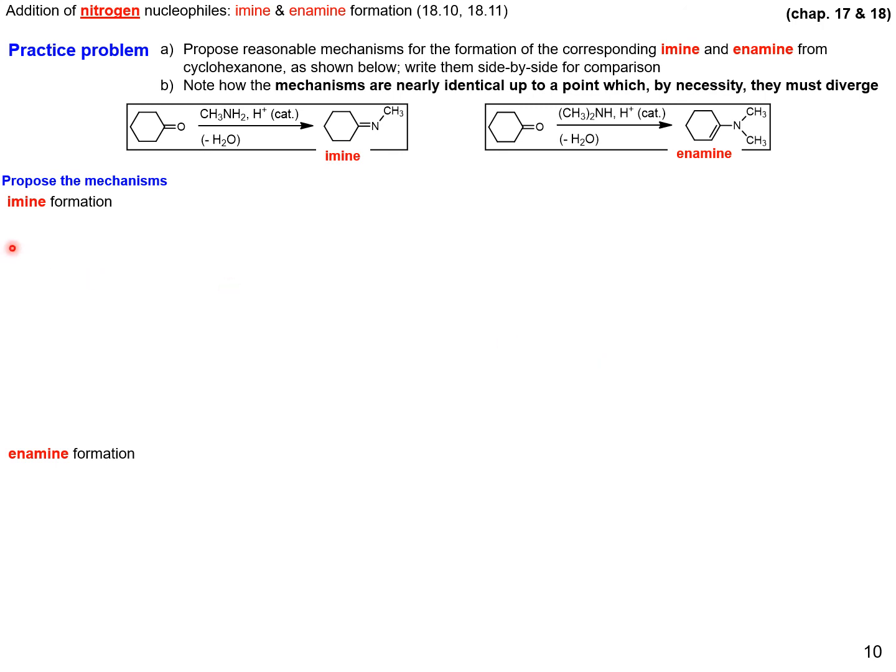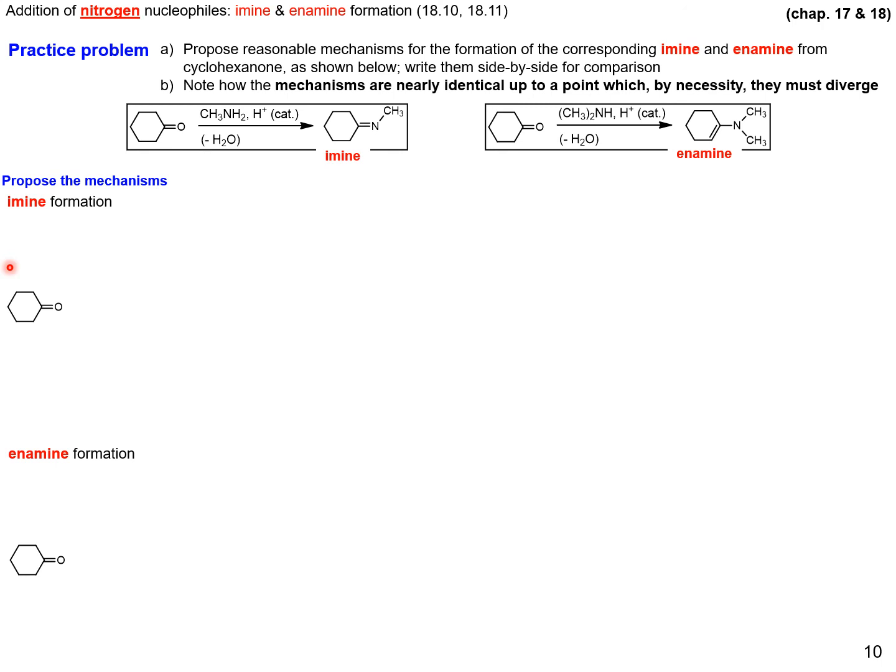And you'll see that as we work through the mechanisms for the formation of these products, some of the steps are very similar to the types of steps that you performed when converting an aldehyde or ketone to an acetal.